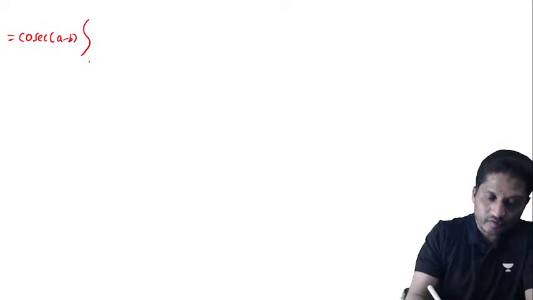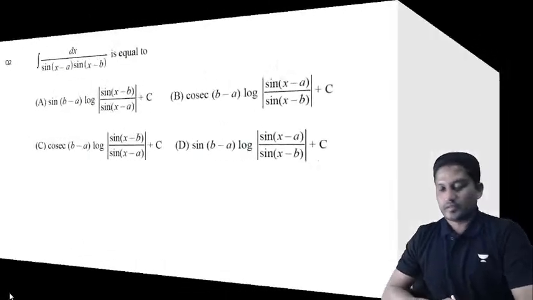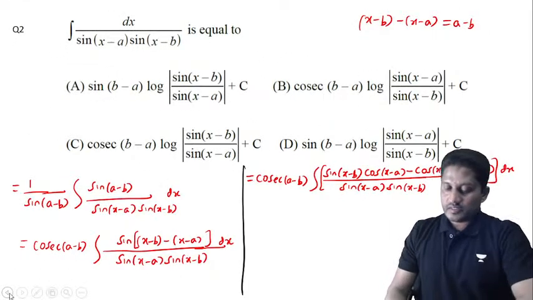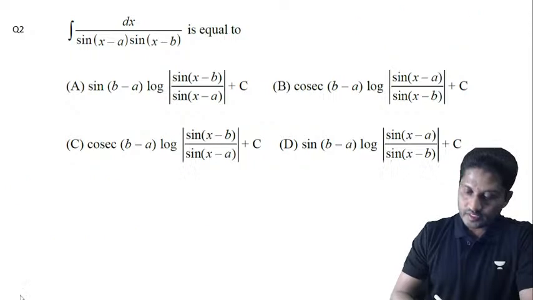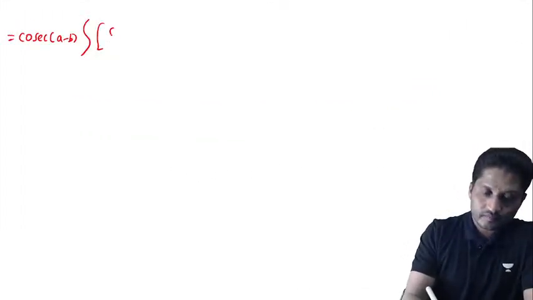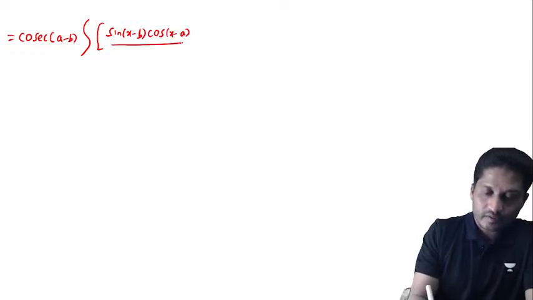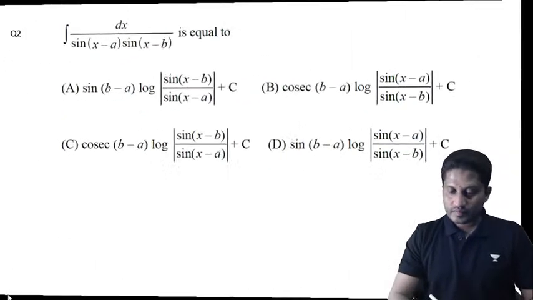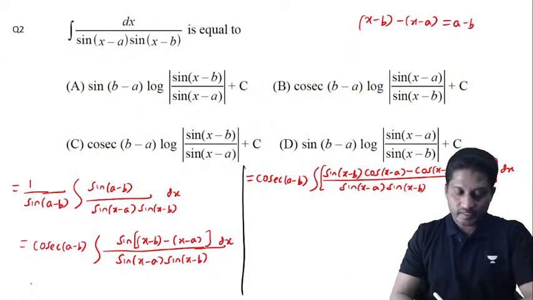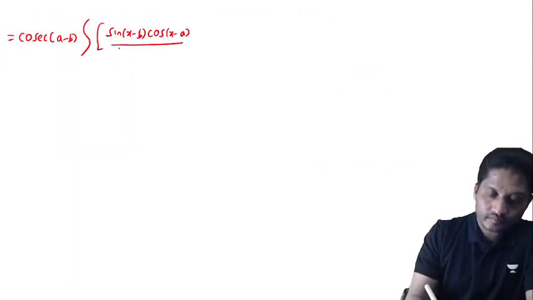Cosec of a minus b into integration of, now let us divide. If I divide this, sine of x minus b into cos of x minus a divided by sine of x minus a into sine of x minus b, and this is dx.